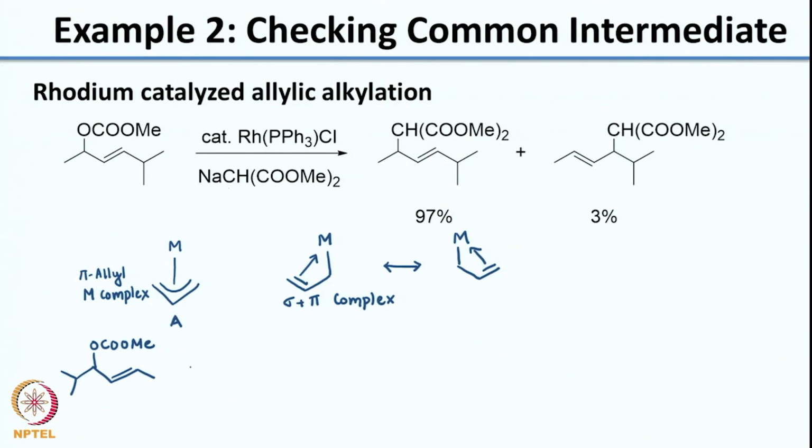If you assume case 1, that it forms the pi allyl complex, it would essentially indicate an intermediate which would be identical to the earlier one. So if you have the same intermediate as the earlier example, it would indicate the same product ratio.